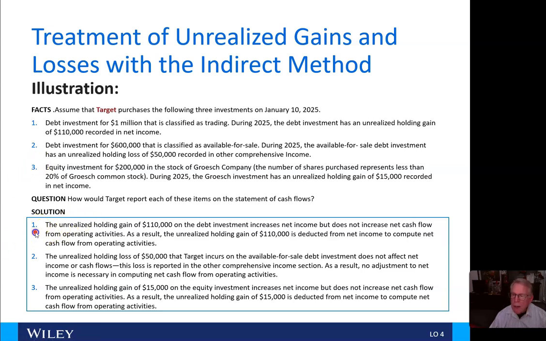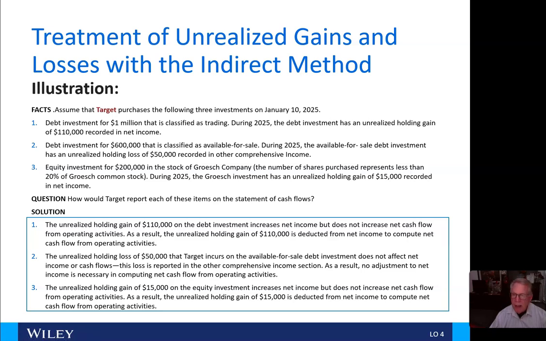Well, for number one, the unrealized holding gain of $110,000 on the debt investment increases net income, but does not increase the net cash flow from operating activities. As a result, the unrealized holding gain of $110,000 is deducted from net income to compute net cash flow from operating activities.